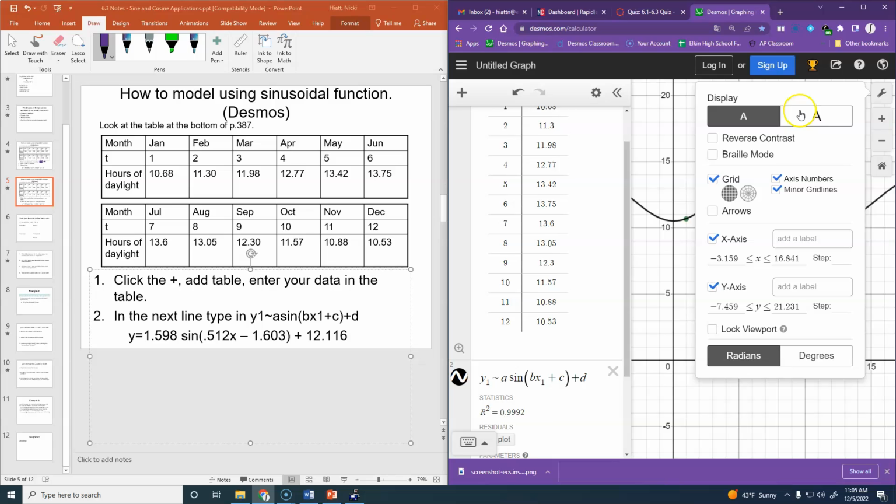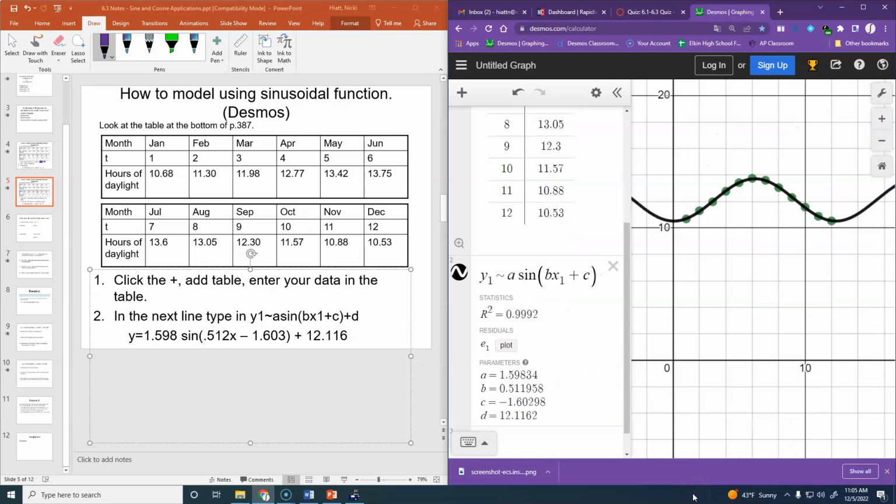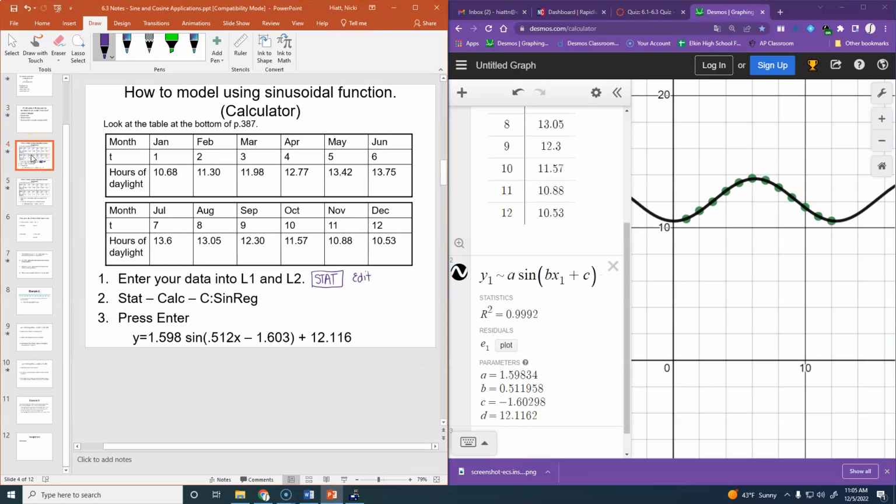And here is what that should look like. Now, you will notice a couple things here. Actually, did I change it from here? Actually, it's exactly the same this time.